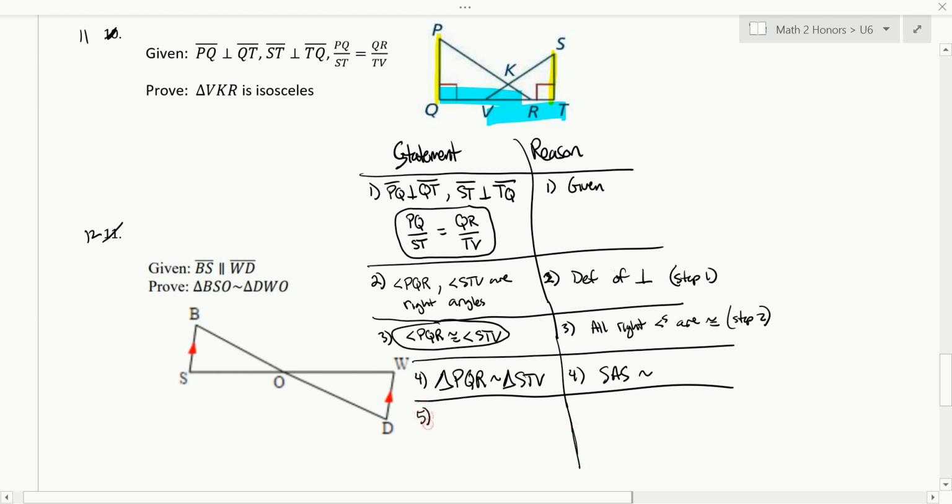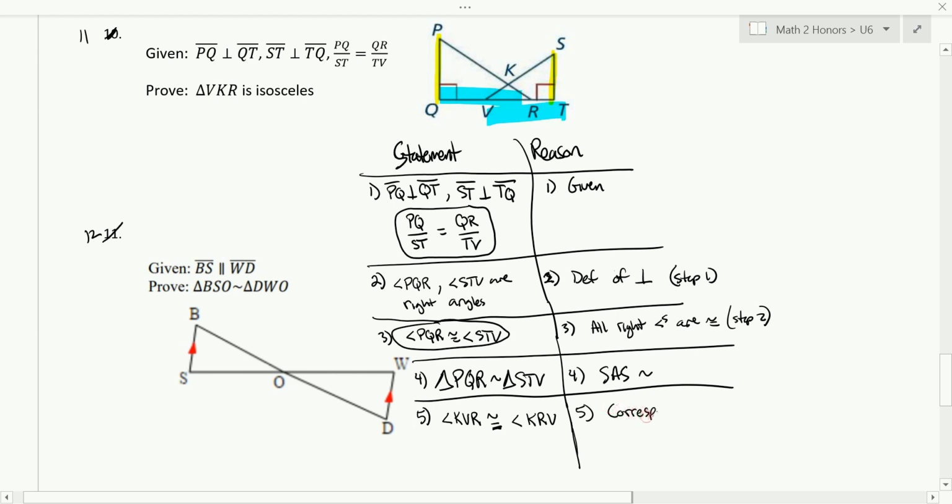So now we want to go a little further and say that angle KVR is congruent to angle KRV. Why? Now we can't say CPCTC because that means corresponding parts of congruent triangles are congruent. But we could make our own variation of it. Well, how would the variation be if we had to say it out without abbreviating?